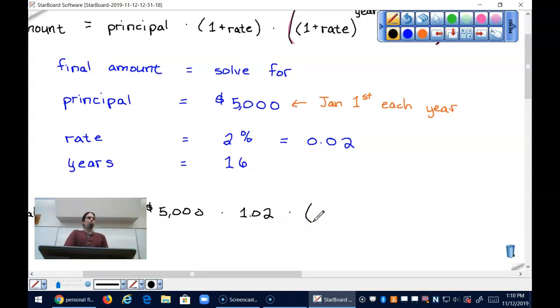I can't escape the parenthesis. And we have a 1.02 with an exponent of 16, and a minus 1, close the parenthesis, and divided by 0.02. So test your calculator wrangling, see if we all get the same answer.